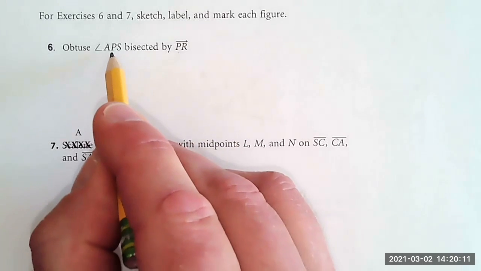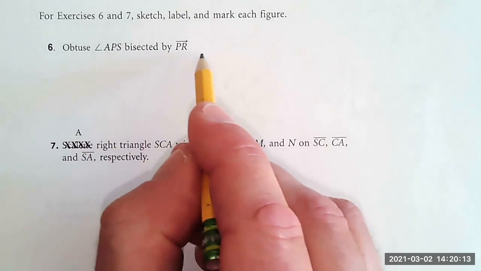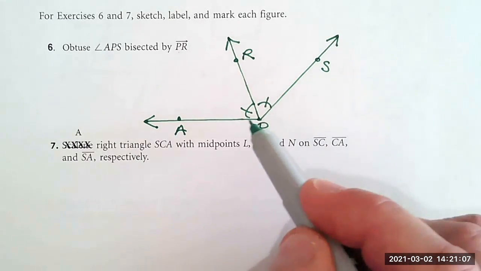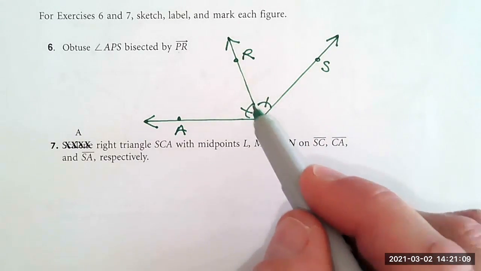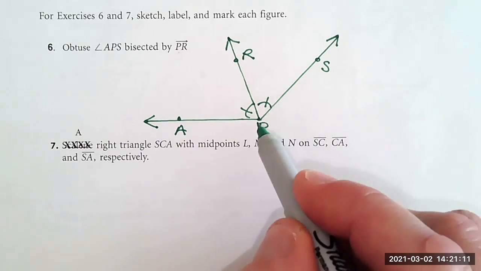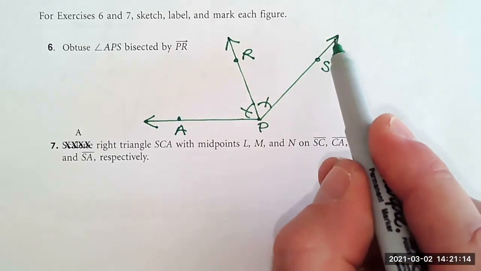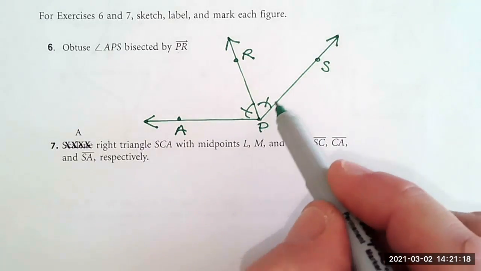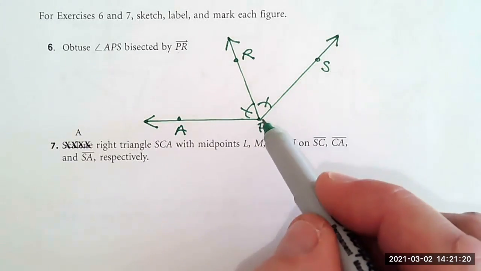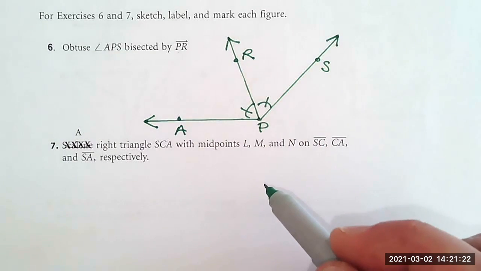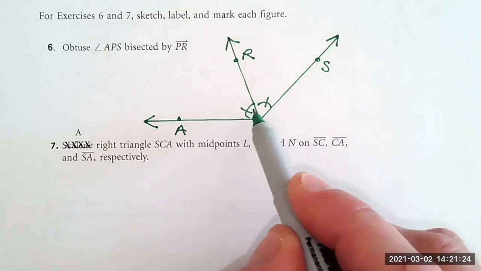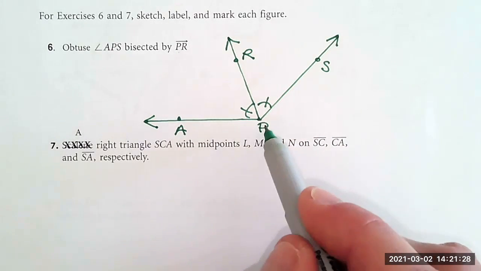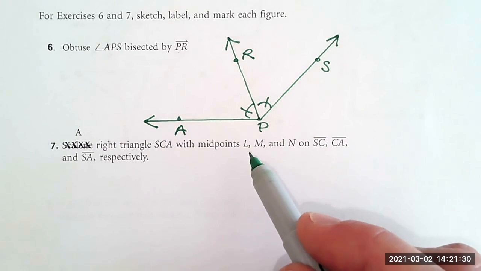Here P is P and it goes through R. I'm not going to measure angles to see if you're accurate in your sketching or your drawing. What I am going to look for are these arrows indicating that the 2 sides of the angle are created by rays. The ray bisects the angle, and the notation that these 2 angles are congruent because angle APS has been bisected.